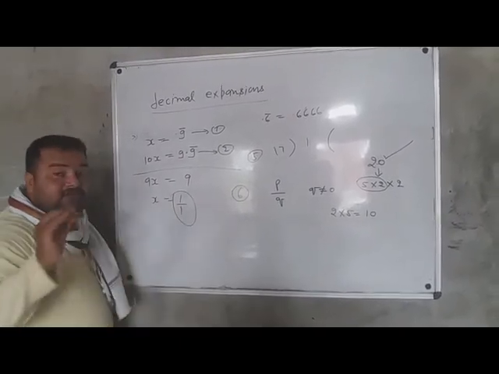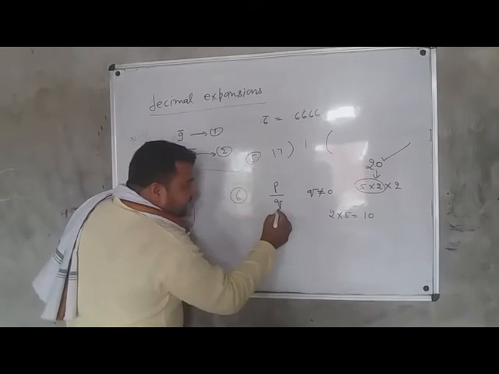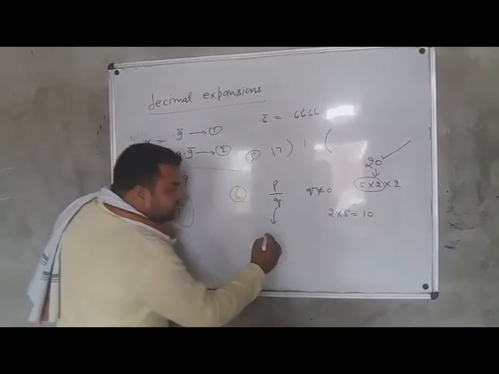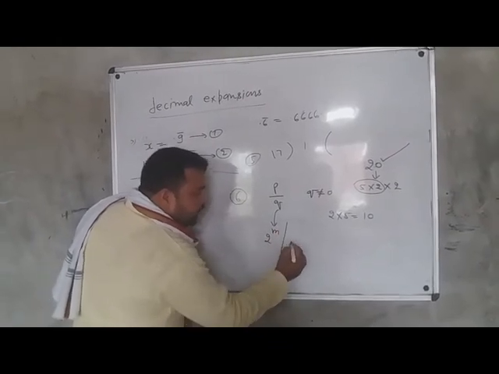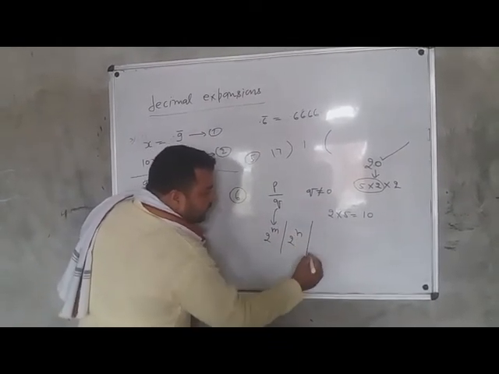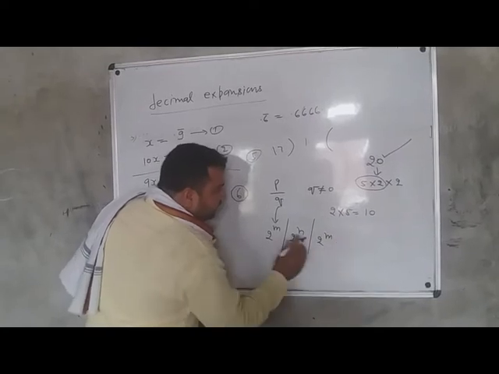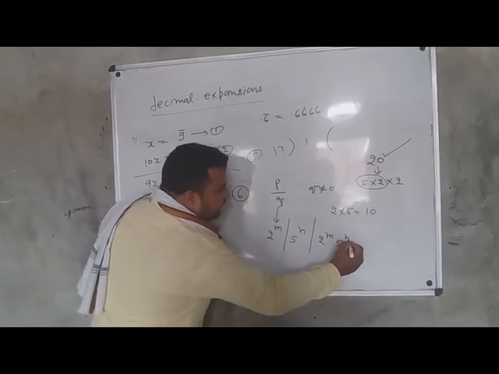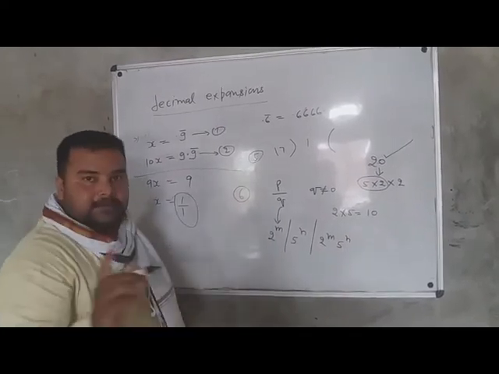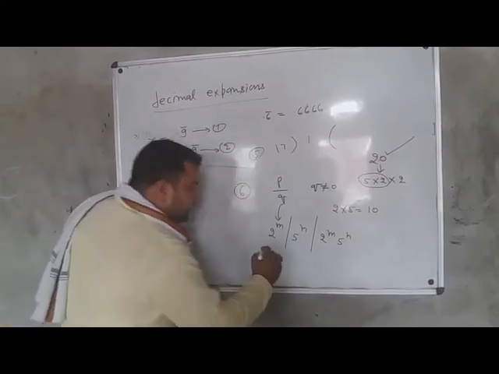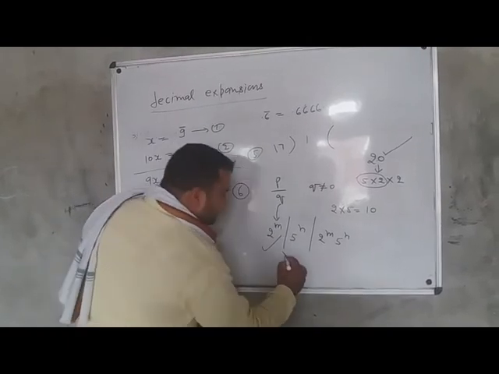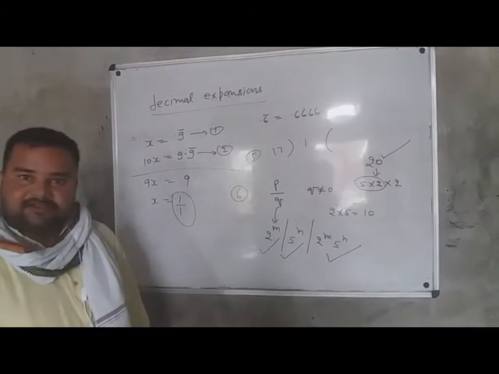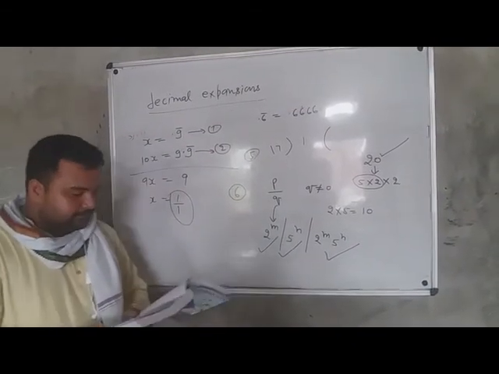Okay. So we can say the value of q either will be 2 to the power m or 5 to the power n or 2 to the power m and 5 to the power n both. The value of q must be any of these 3. Understand? So this is the answer.